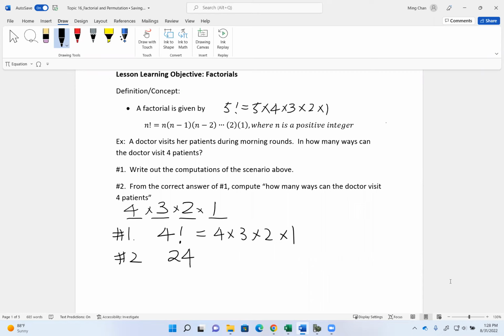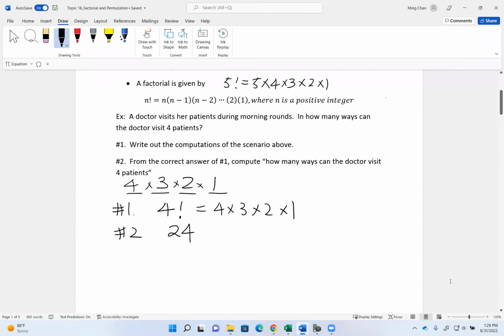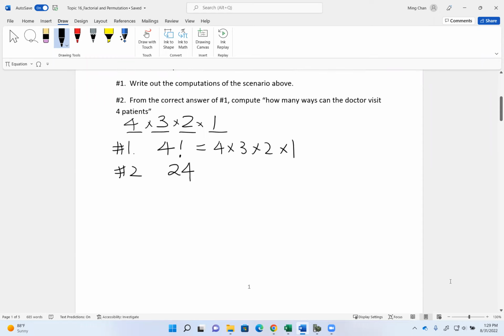The first person you introduce yourself to, you actually have 4 choices of which one to see first. Once you say hello to one person, you're not going to say hello again because you just introduced yourself. So for the second person, you now have 3 choices. Then you have 2 choices, then you have 1 choice. Those kinds of problems are considered factorial problems. It's a way to count.